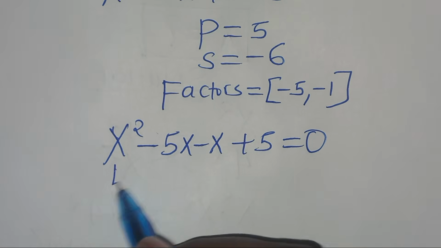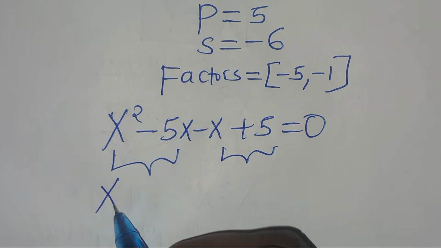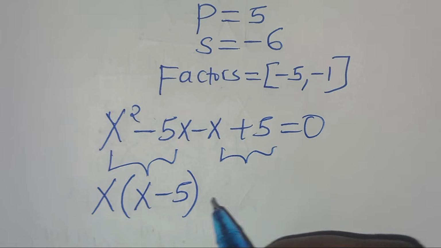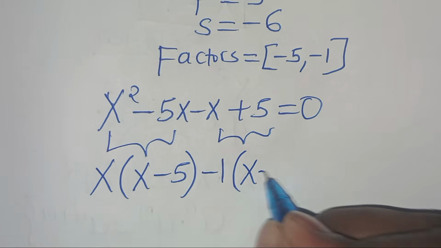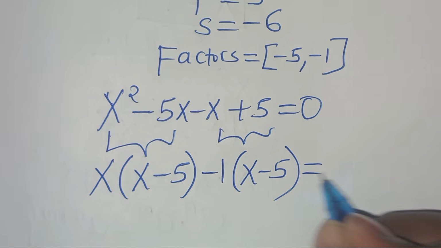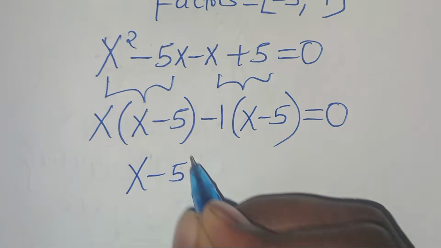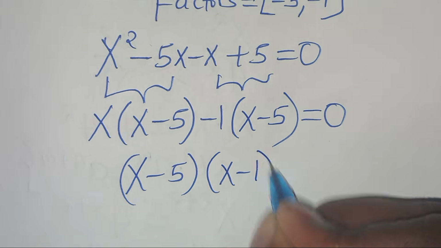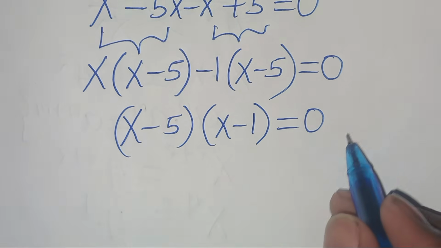So we have got two parts here. From the first part, x is common, so we factor out x. So this is x(x minus 5), then minus 1 into the parentheses, (x subtract 5), and this is equal to 0. So we have (x subtract 5)(x minus 1) equal to 0. So we have got two cases here.